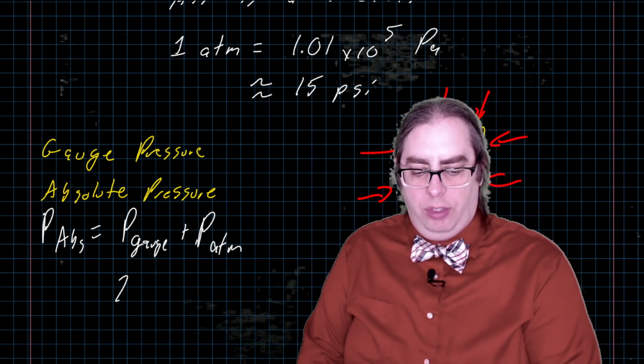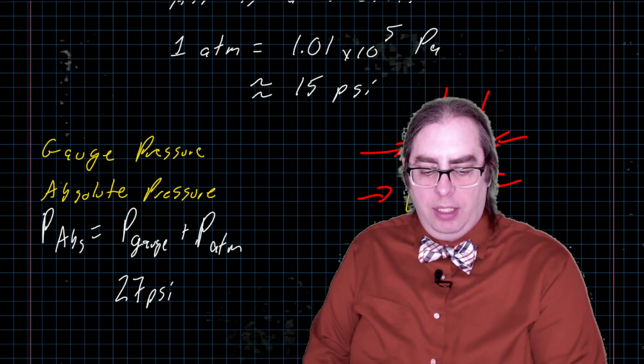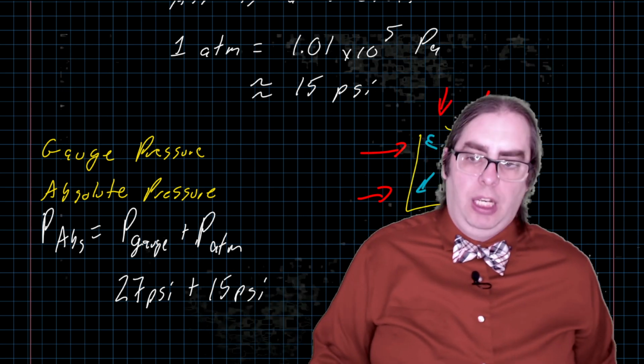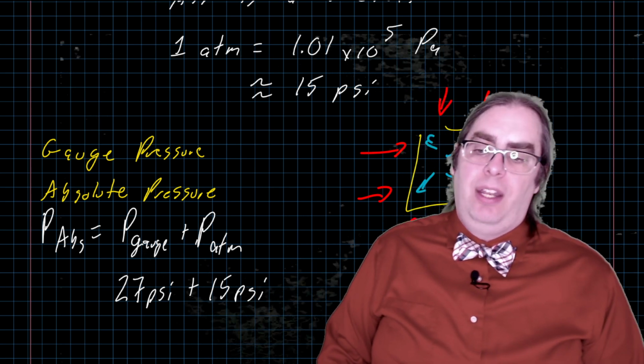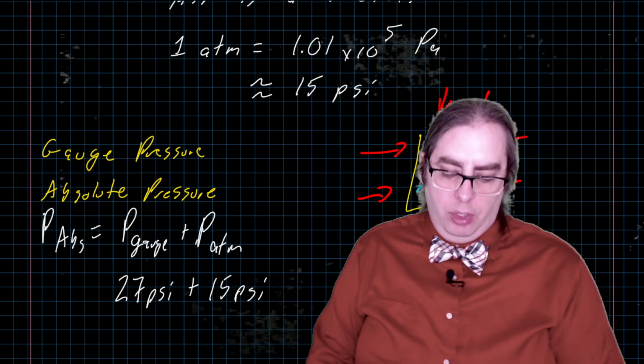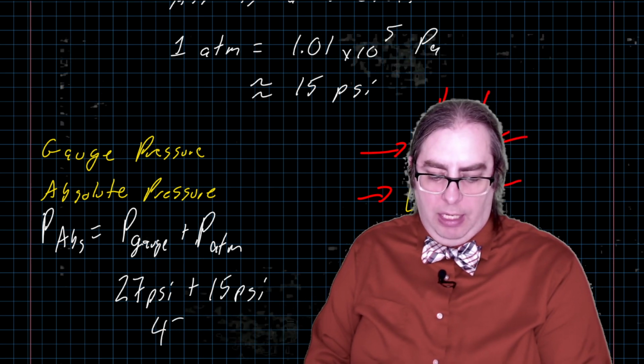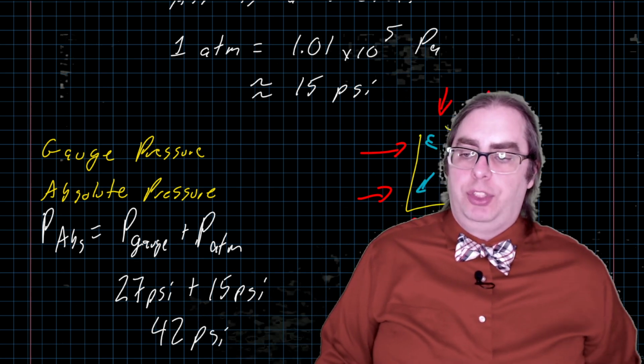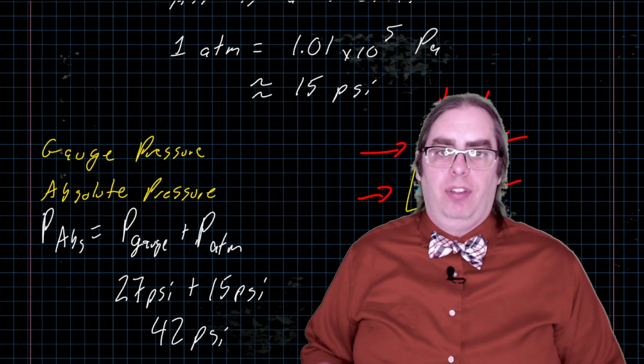What did I say? 27 psi plus the 15 psi that I said was approximately our air pressure. Add those two numbers together, and you're going to end up with 42 psi is the absolute pressure of whatever is in that container.